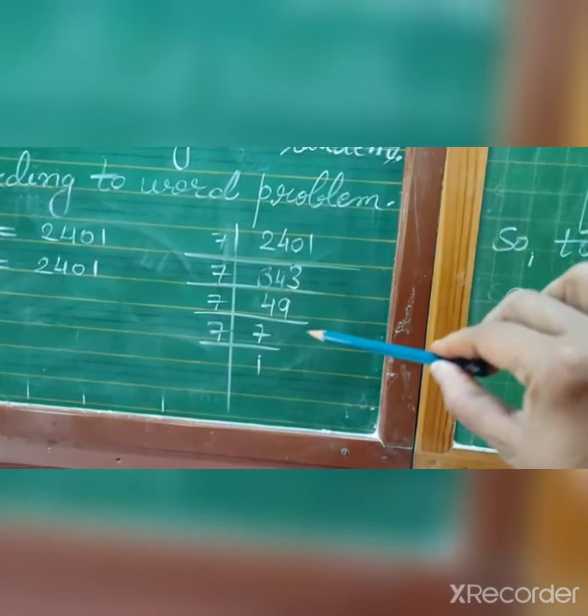I repeat, suppose according to the question we are assuming, for example, in the garden there are 10 rows, so in each row 10 plants will be there. In the same way we are assuming here, let the number of rows be X, then the number of plants in each row will also be X.